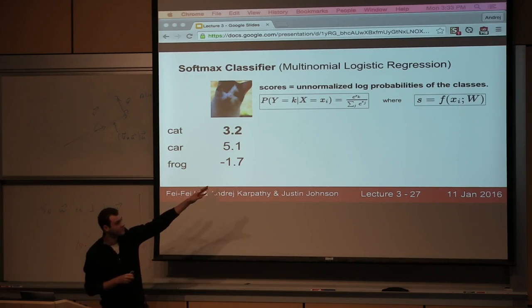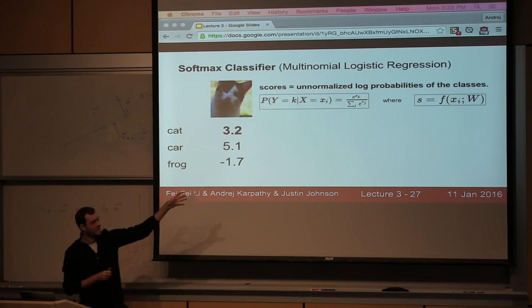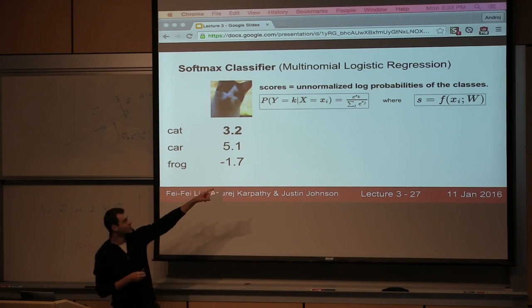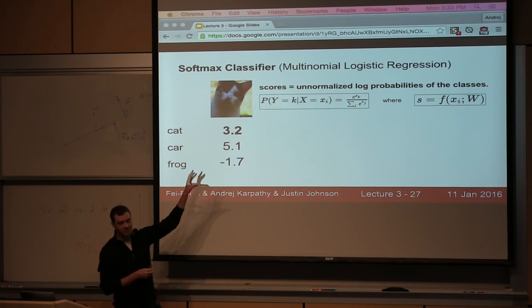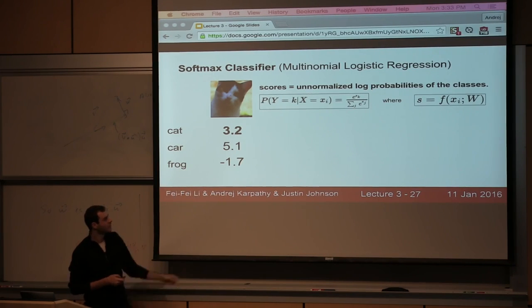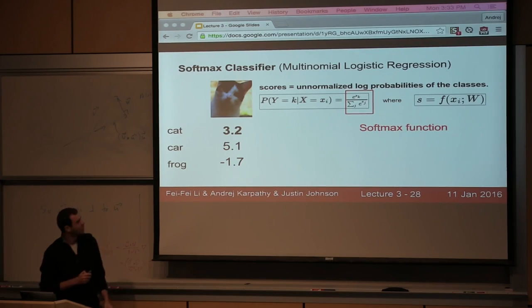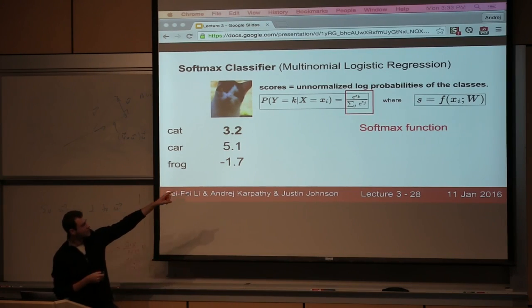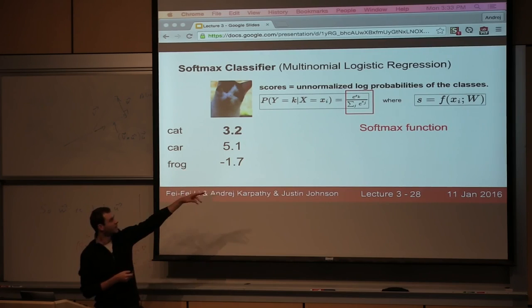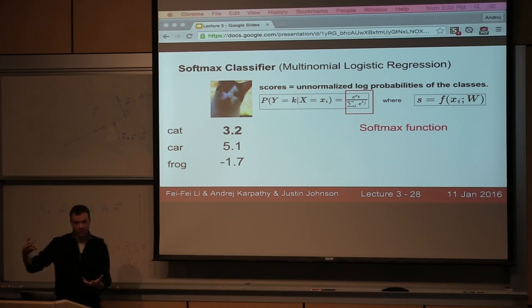So we divide by the sum over all the exponentiated scores. And that's how we get this expression for the probability of a class given the image. This function is called the softmax function, if you see it somewhere. It's e to the element you're currently interested in, divided by the sum over all exponentiated scores.